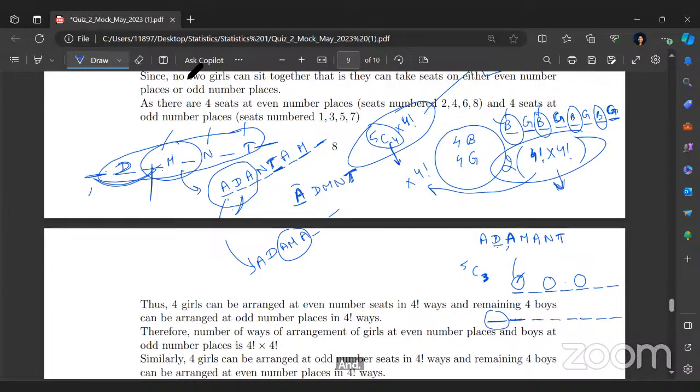Ma'am, I think we have to fix A's. You have to fix what? A. Then we got 7 situations, and for each, 4 factorial ways. Can you repeat? Your voice was not clear.